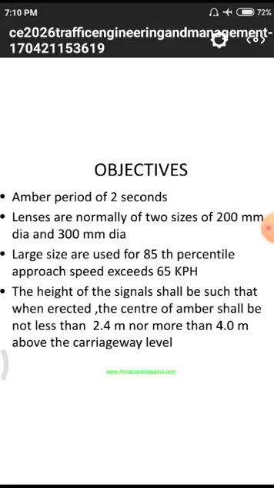Why? Because on those roads vehicles move at 80 to 100 kilometers per hour, and stopping suddenly automatically leads to clashing of vehicles. So on national highways and expressways they won't use these traffic signals.